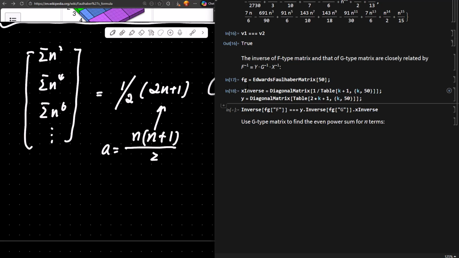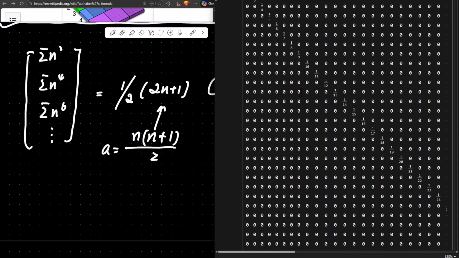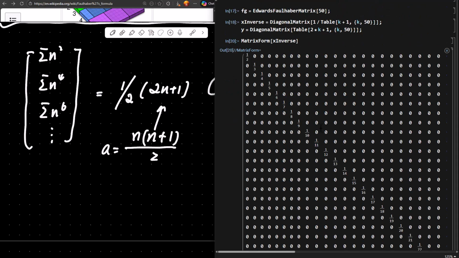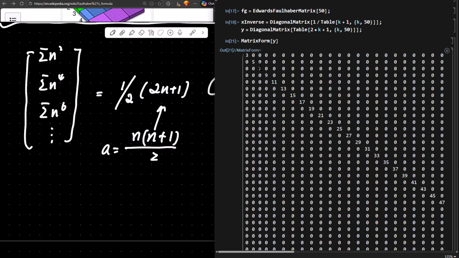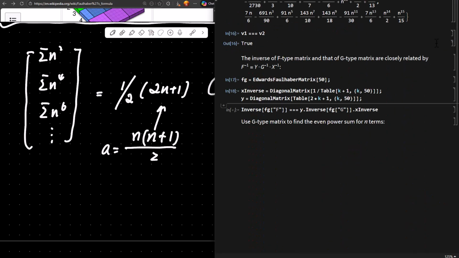Let's take a look at it. Only the terms on the diagonal are defined. And what about y? Diagonal terms 3, 5, 7, 11, 13. So these are two really simple matrices. So their inverses are extremely easy to compare.